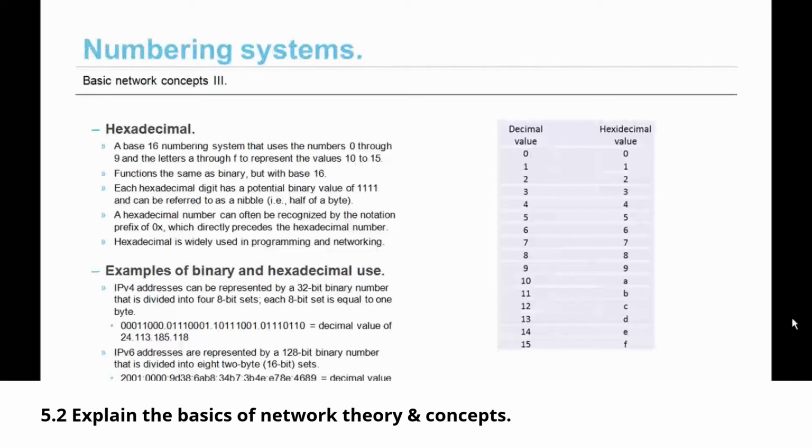An IPv6 address, which is a 128-bit binary number, is usually represented by hexadecimal, and it is divided into 8 2-byte sets, each set being separated by colons. And I recommend that you watch my presentations on IPv4 and IPv6 to get a better understanding of how binary and hexadecimal are used in networking.